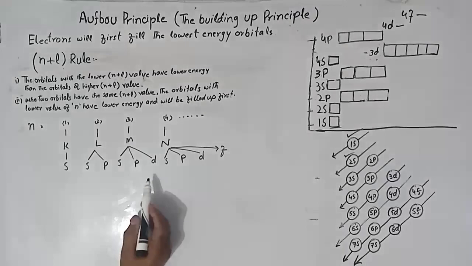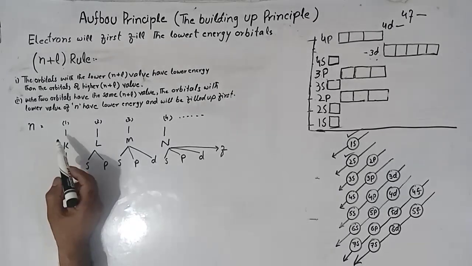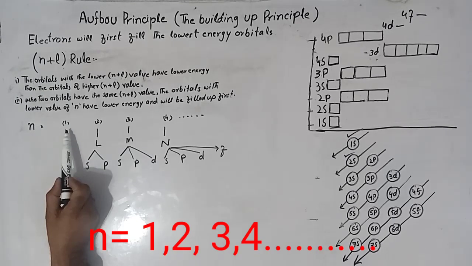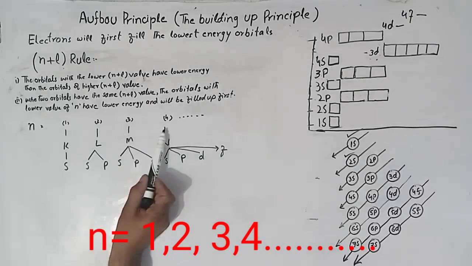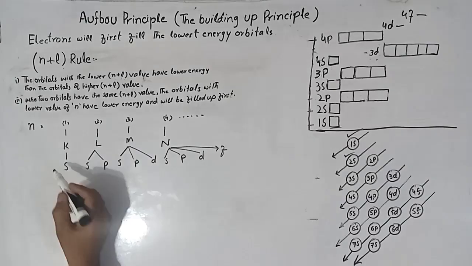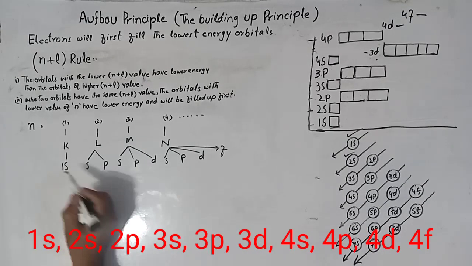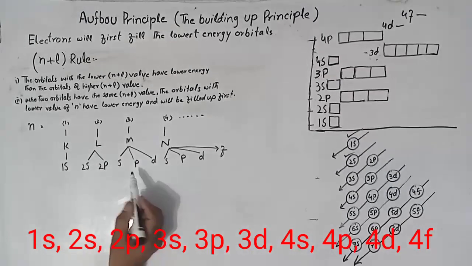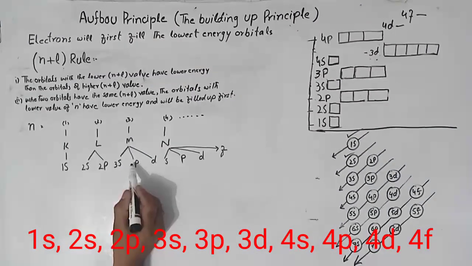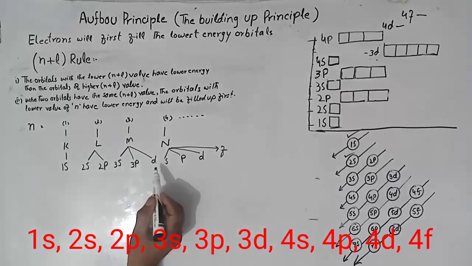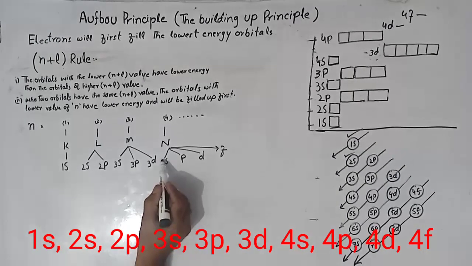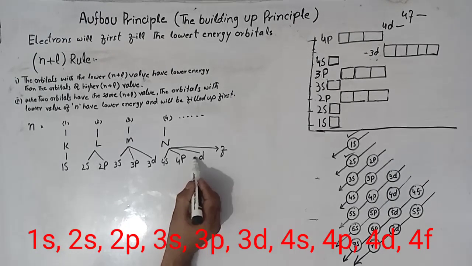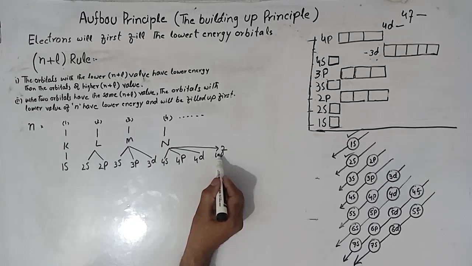Now number these subshells according to principal quantum number 1, 2, 3 and 4. Now write 1s, 2s, 2p, 3s, 3p, 3d, 4s, 4p, 4d and 4f.